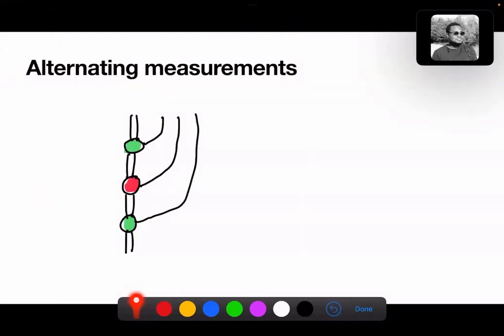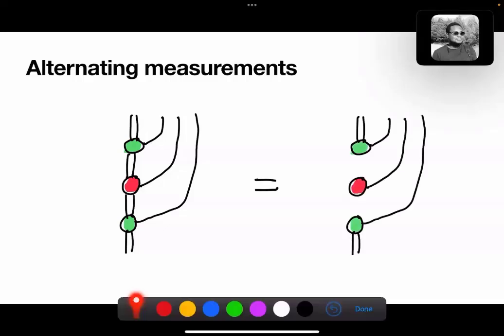And then a question might arise: what happens if you try to do these alternating measurements by saving your qubits one after the other? And again, you should be familiar by now with the rule called leg chopping. So what will happen is all of these will disconnect.